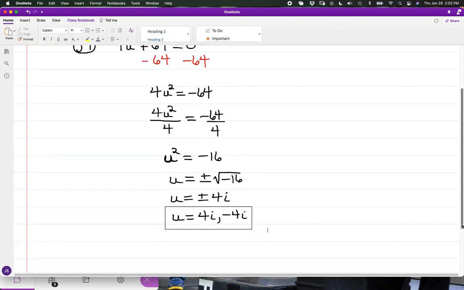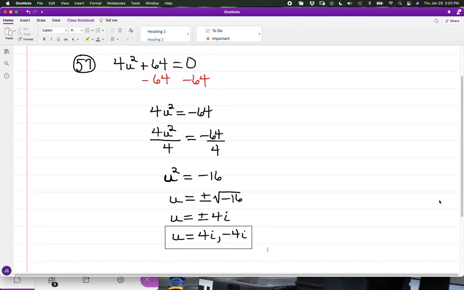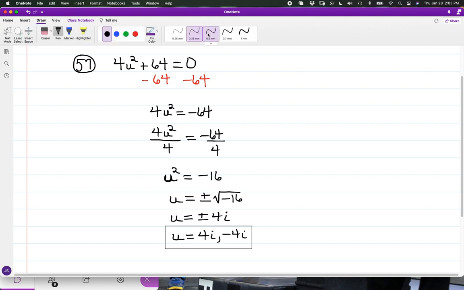Now for the next item, number 58. The nature of the problem is very much the same. This time we're going from the letter u to the letter p. Once again, we're going to have just a single term in the variable we're solving for.